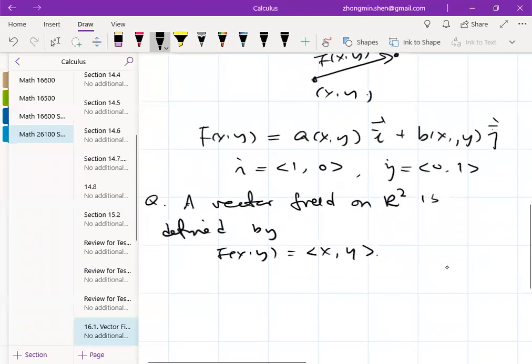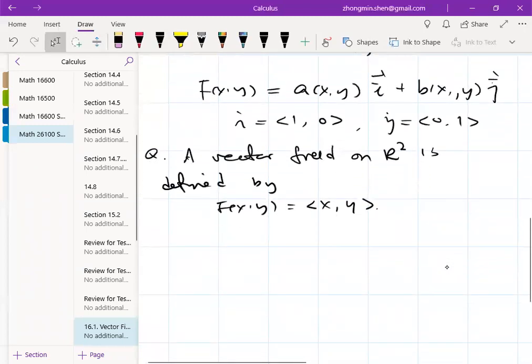Okay, simple. So we have to describe it. What's the question? Describe f by sketching some of the vectors. It's called sketch. Sketch the vector field.